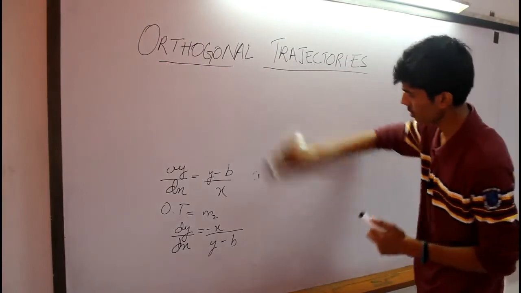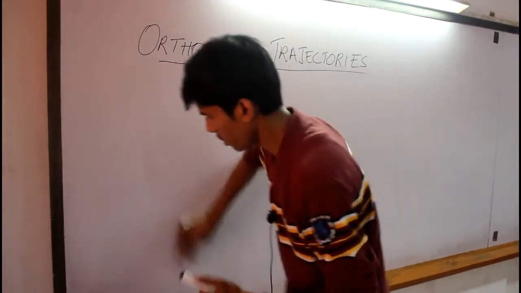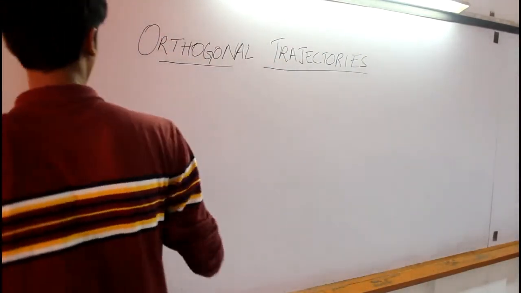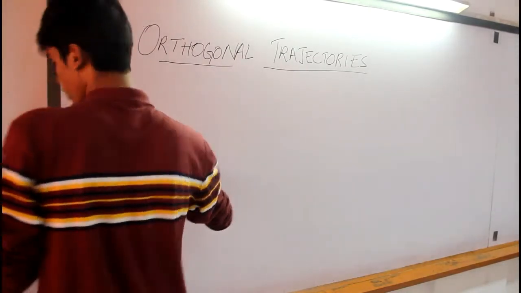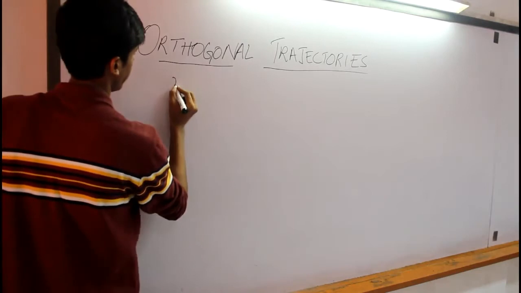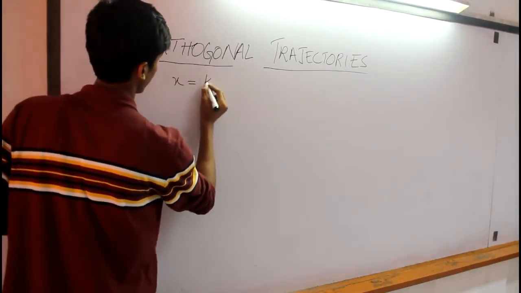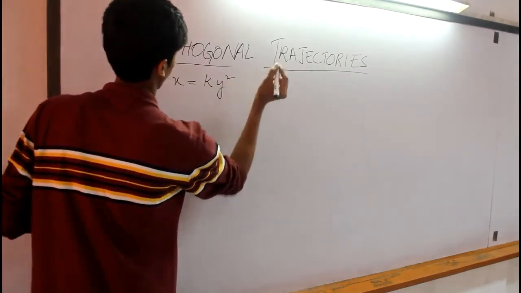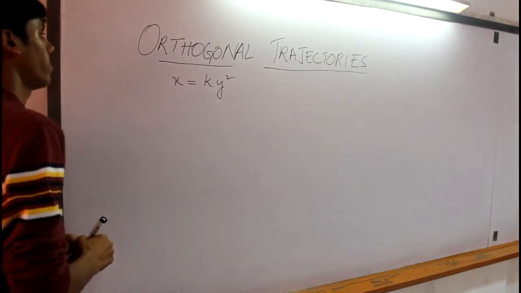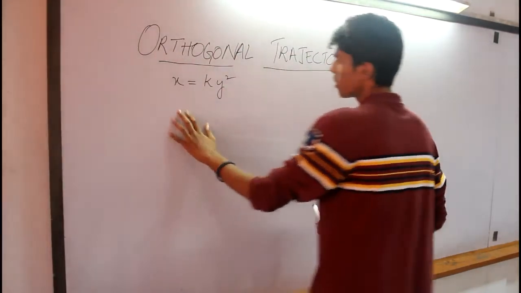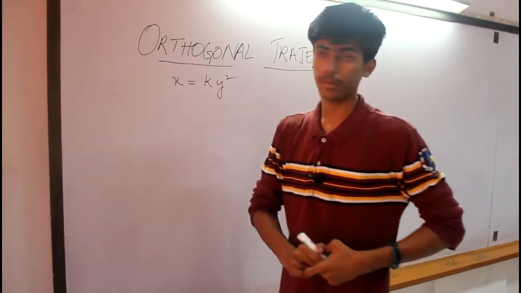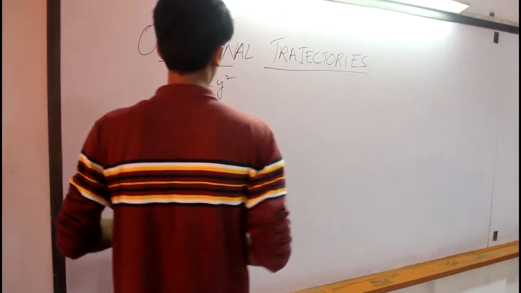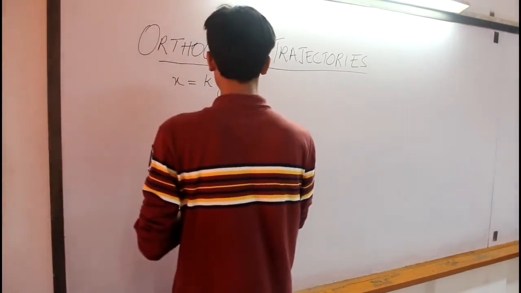I have my question over here. Let's write this question down. We have an equation x equals k y squared. You can see this equation is the equation of an ellipse.